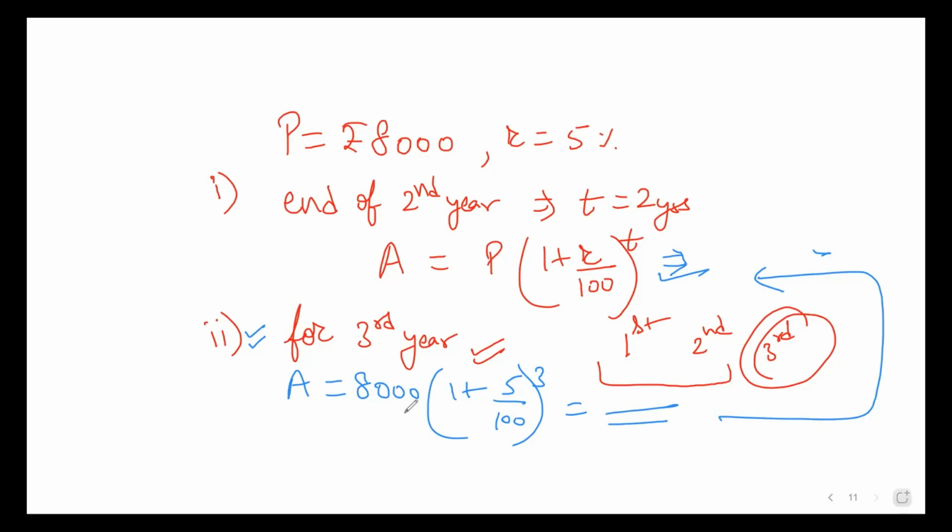Let's move ahead now, and we are going to calculate question number 8. So let's see what it is saying. Question 8 says, find the amount and the compound interest. So both the things you have to find out, amount and compound interest on the principal.